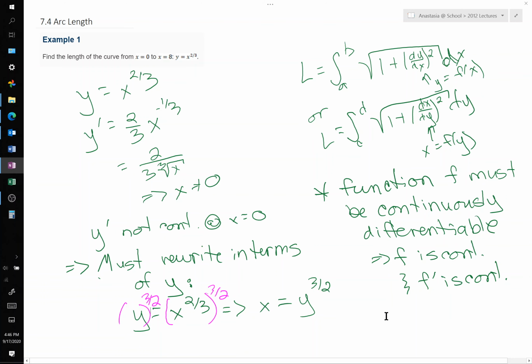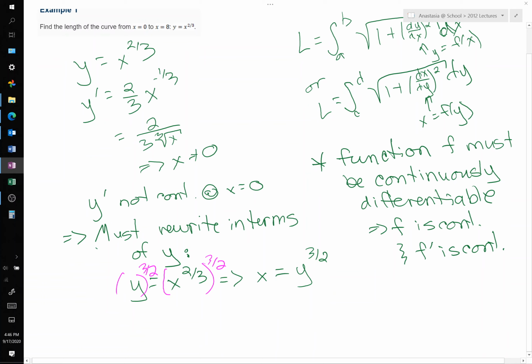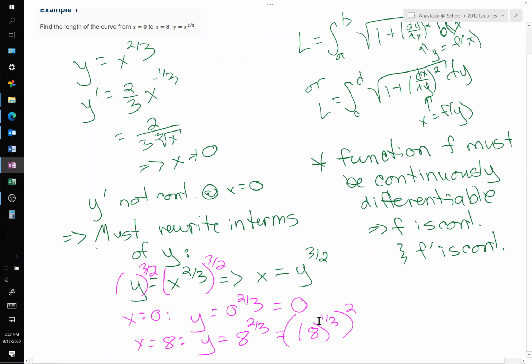Then to find new values, when x equals 0, y is going to be 0 to the 2/3 or just 0. And when x is equal to 8, y will be 8 to the 2/3. Easiest way to do this is to think of it as 8 to the 1/3 and then squared. The cube root of 8 is 2. 2 squared is 4.